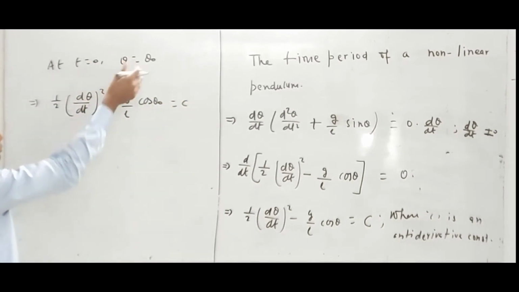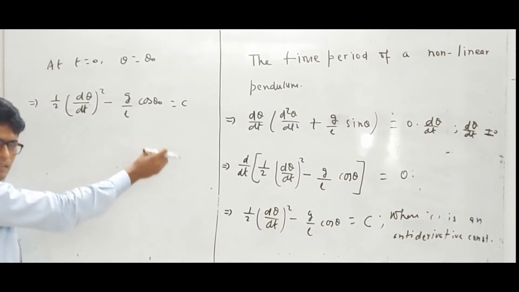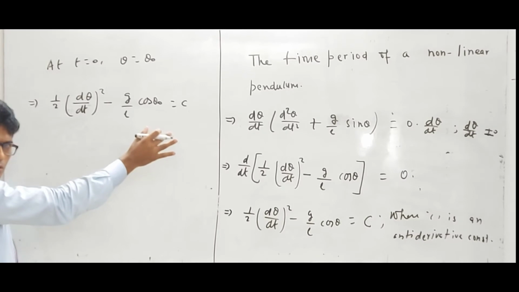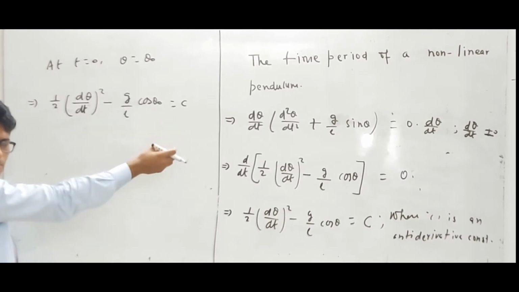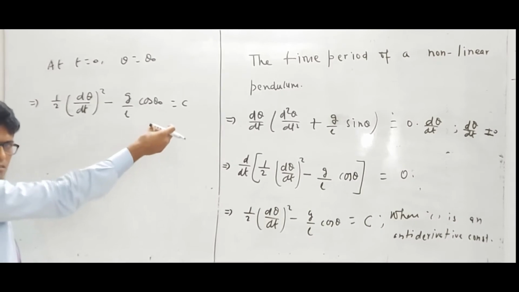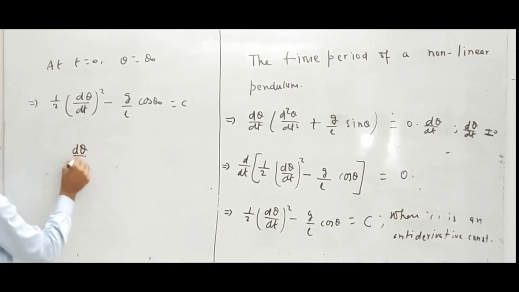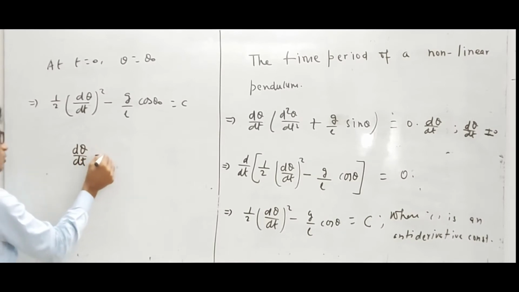When theta is equal to theta naught, it means you are holding it there and then you have to let it go. Once you are holding the pendulum at theta equal to theta naught, theta is not changing. So that is why d theta by dt comes out to be 0.